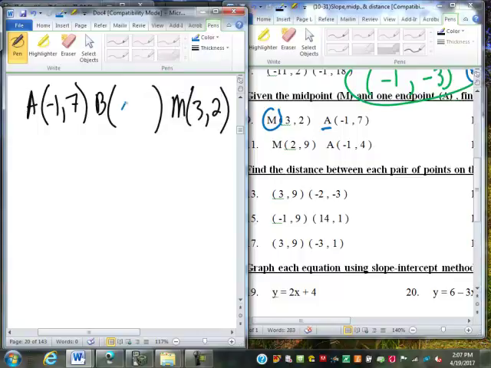So if you remember, we let X and Y be the coordinates for point B. And we knew that in our midpoint, we average the X coordinate, so negative 1 plus X over 2 has to give us the X coordinate of the midpoint. That's the 3. What did we do with that?